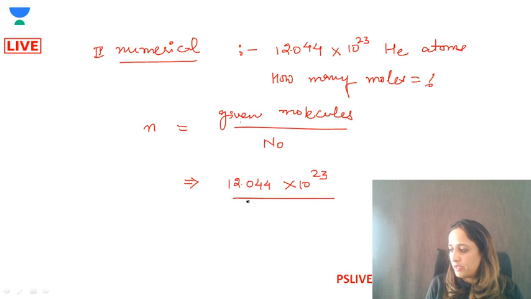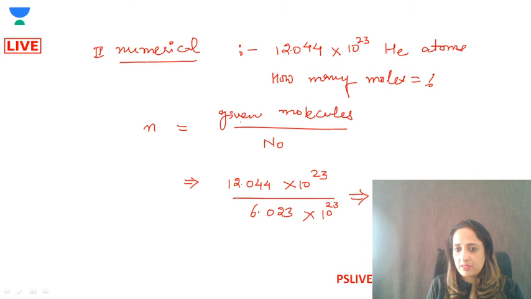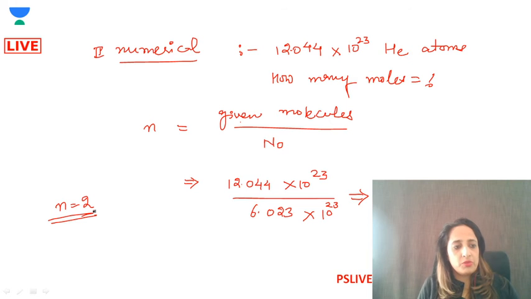You divide it by N0, which is 6.023 into 10 to the power 23, and the answer is 2. So the number of moles is 2. These are the kind of numericals that will be there from this chapter.